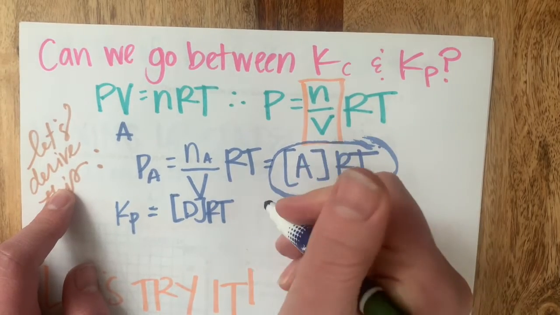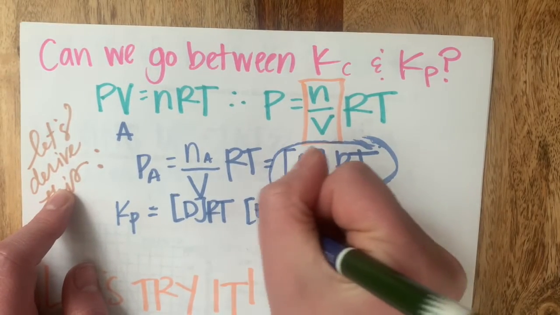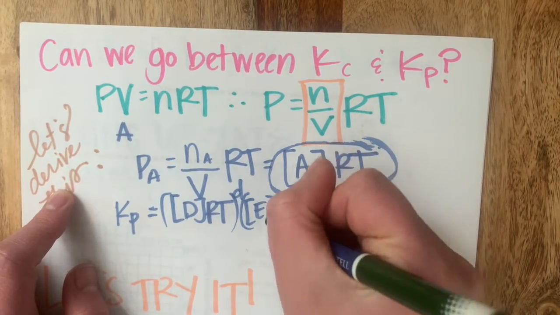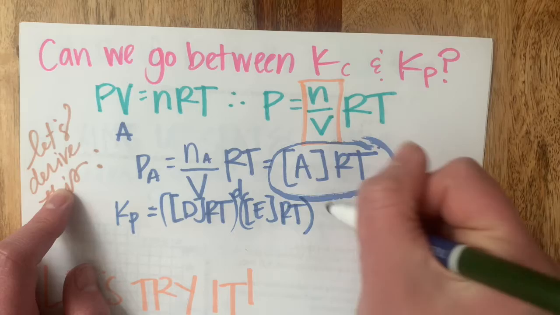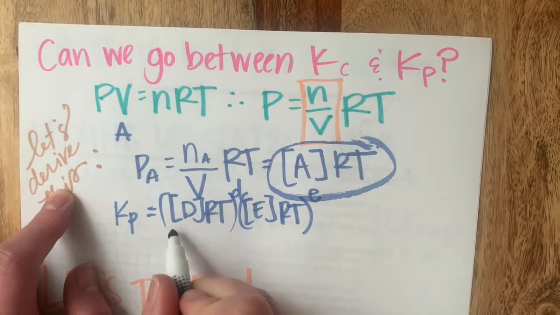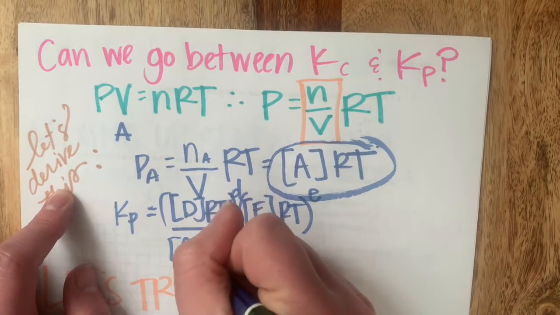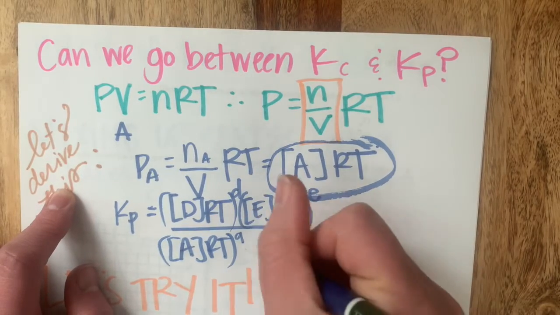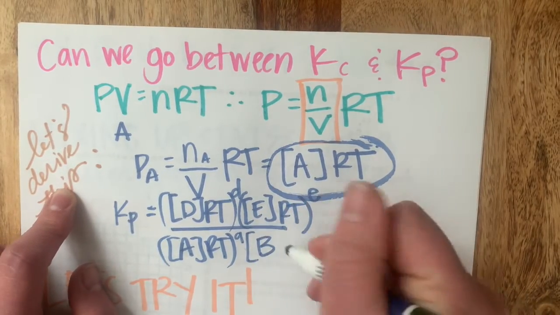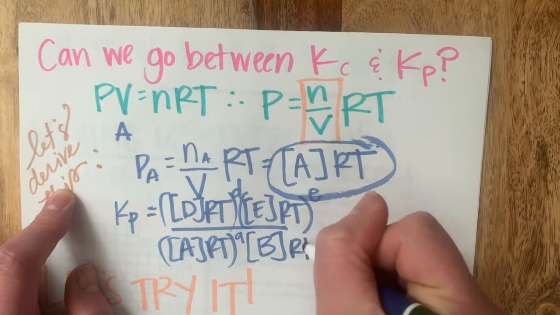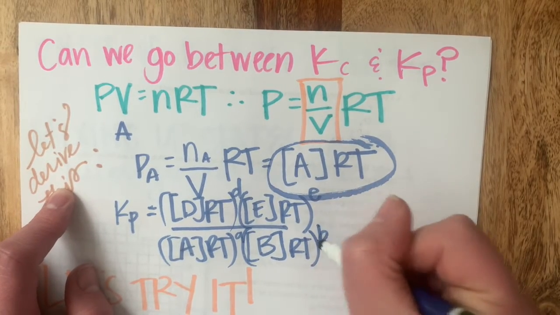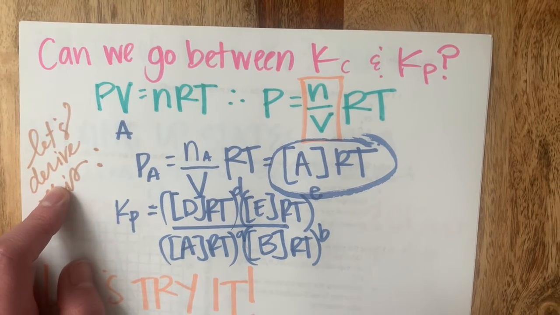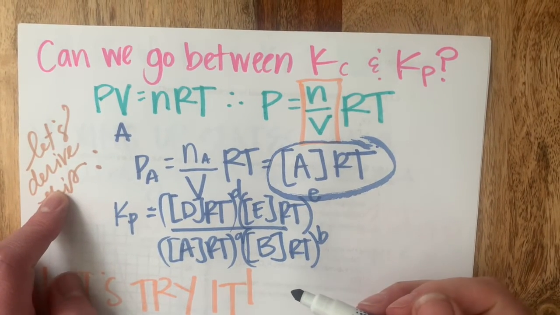And then that would be multiplied by the concentration of E, RT, with each raised to its coefficient, over the concentration of A, RT, to the power of its coefficient, times the concentration of B, RT, to the power of B. Holy mackerel. Okay, so now we have a lot of stuff going on here, right?